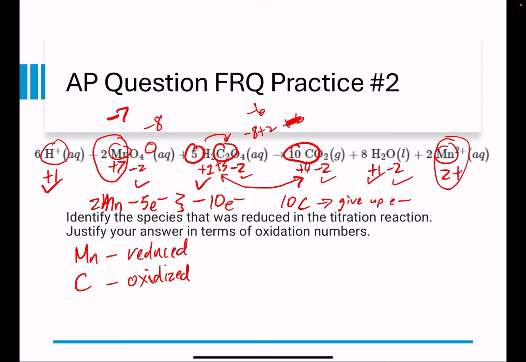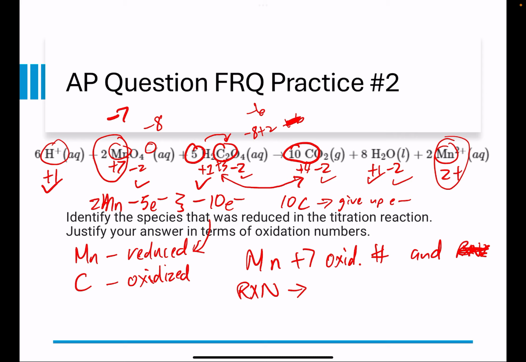So justify my answer in terms of oxidation number. So we did identify the species that's reduced. Yeah, so we just talk about Mn. It starts at +7 oxidation number, and after the reaction, you end up with +2 oxidation number, telling us that it gained 5 electrons in the process.